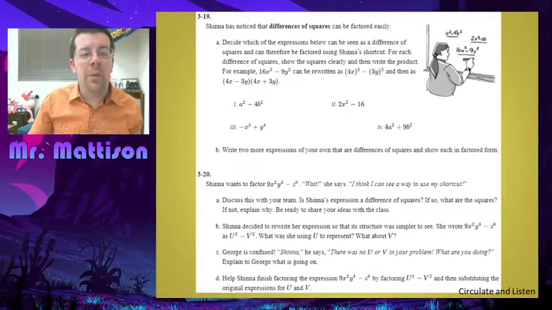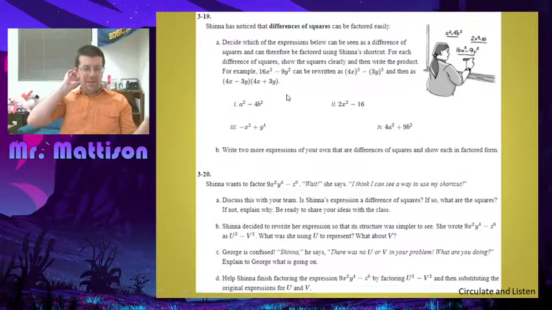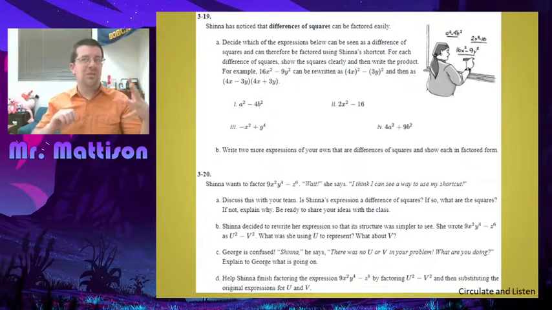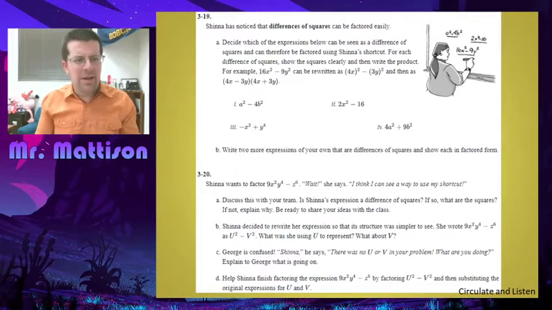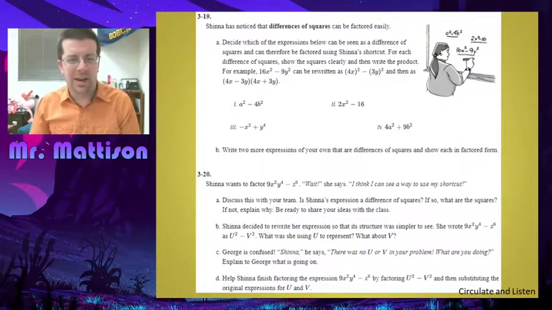Why that can be helpful for us, it tells us, well, the 4x is what goes in my first part, and that 3y is what goes in my second part, and one of them is positive and one of them is negative. So same thing we kind of talked about the last time, where it's the square root of that whole thing, but it's just kind of a more formal way to kind of help us get to the next thing we're going to be trying to look for.